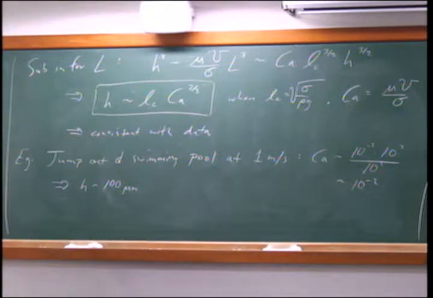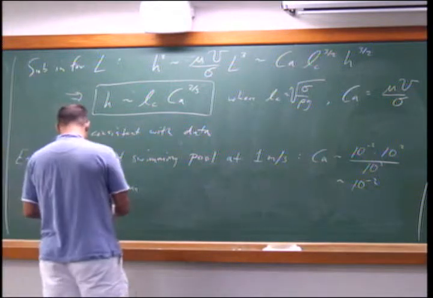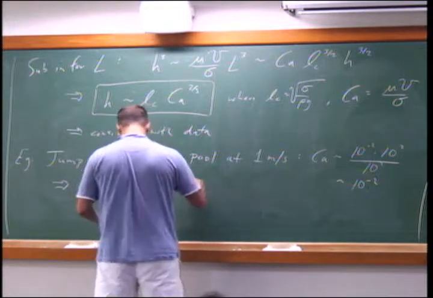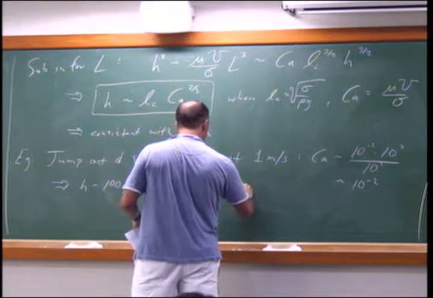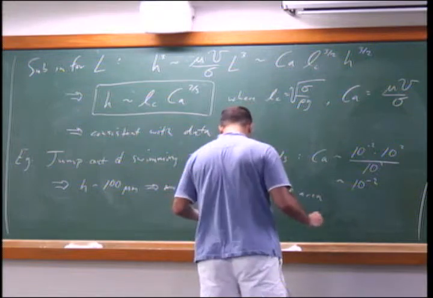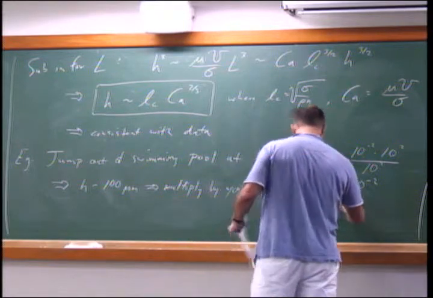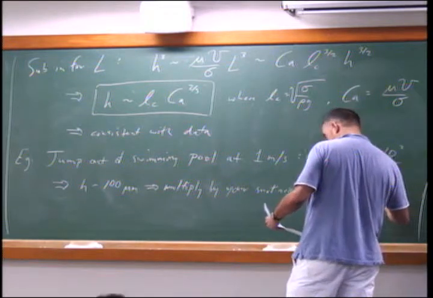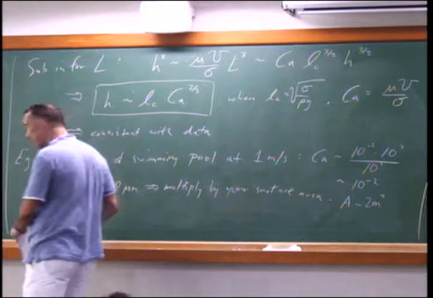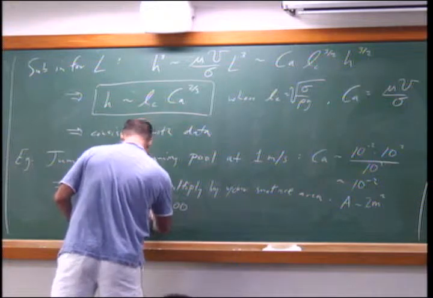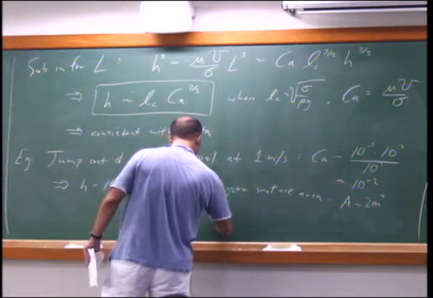Right? You don't get a whole millimeter of fluid sticking to your body. You get something less than that. And then if you multiply by your surface area, and let's just say you've been to Port Cow recently, it's 2 square meters, you get around 300 grams of water.